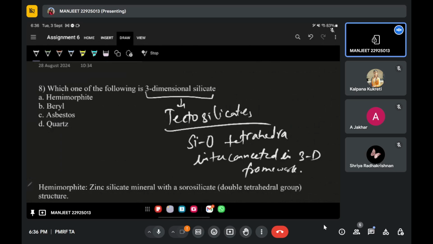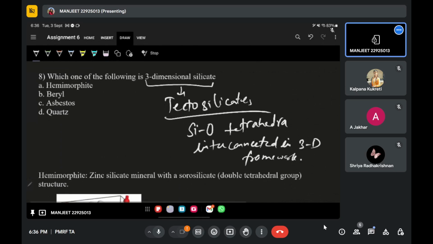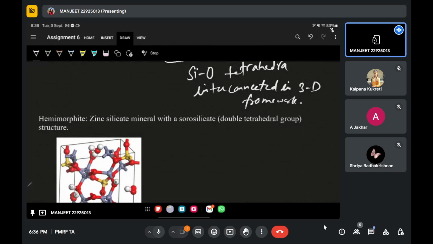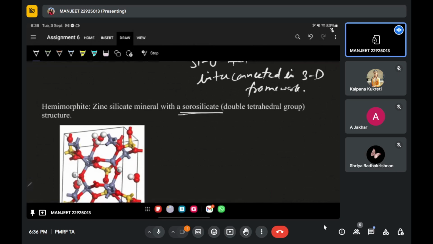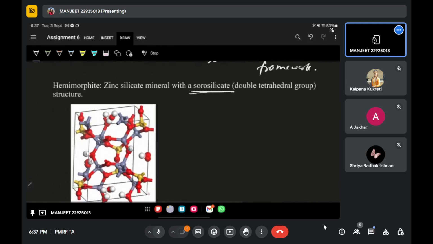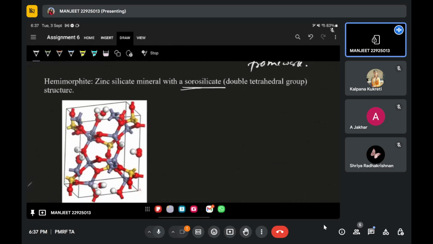Okay, so hemimorphite is basically the zinc silicate mineral. They are having the sorosilicate. As I told you, they share the double tetrahedral. In sorosilicate they share only one oxygen atom, and this is not a three-dimensional one.